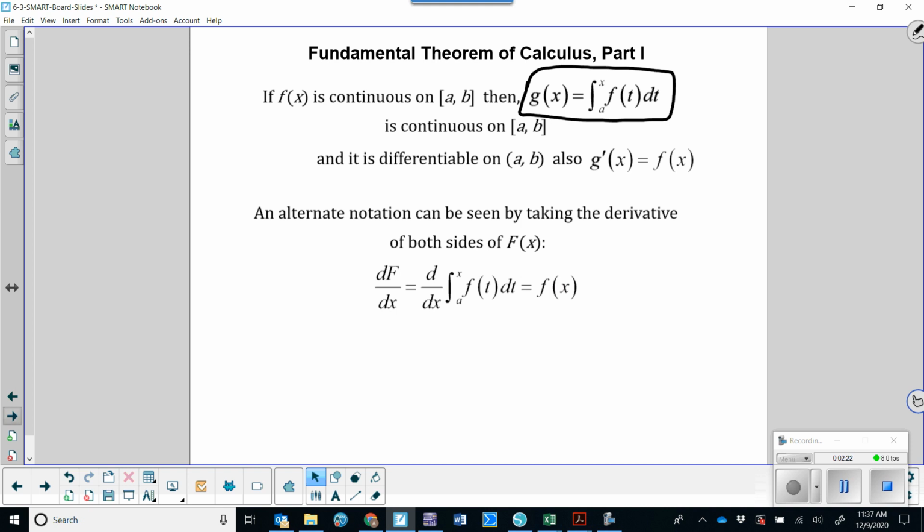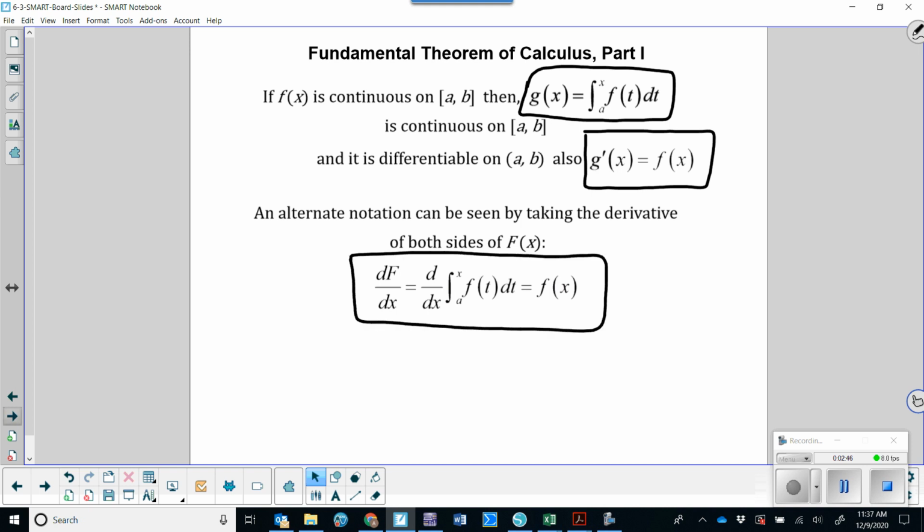You're still going to end up with it being an x. So if f of x is continuous, then this g of x is also continuous and differentiable. And what's really important is that if you take the derivative of g, you're going to get f of x, okay? So that's this theorem right here.